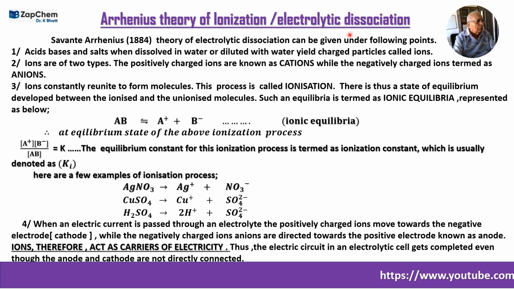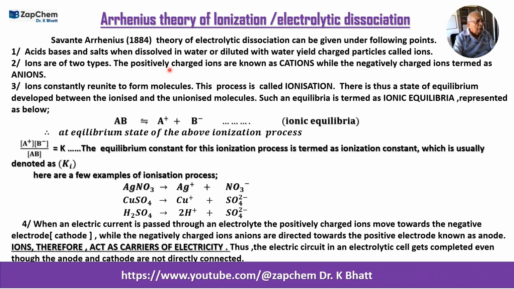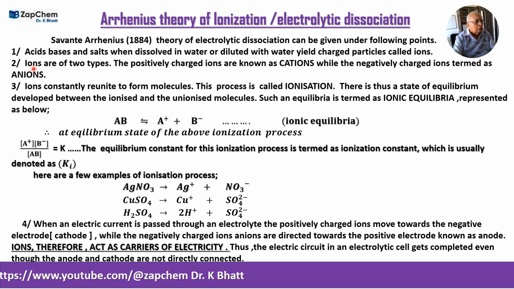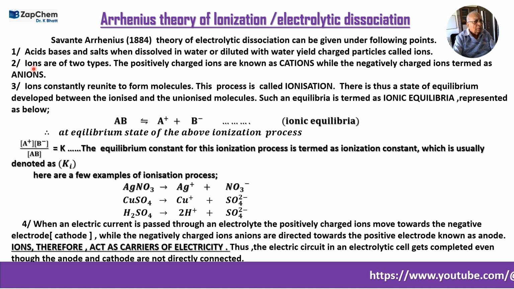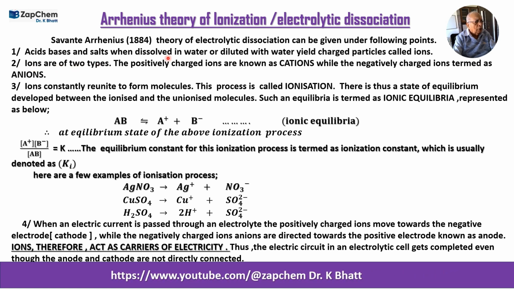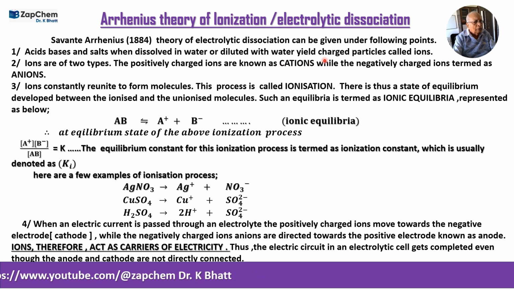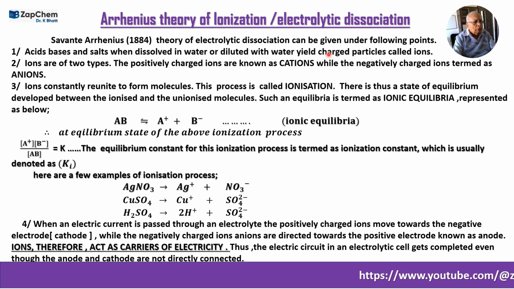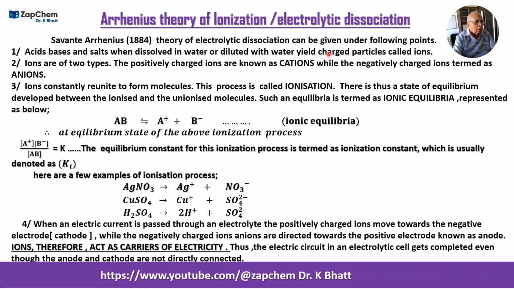It's all the same. Now, there are certain points which we need to learn about Arrhenius theory of electrolytic ionization. Point-wise, acids, bases and salts when dissolved in water or diluted yield charged particles called ions. Charged particles means those particles which carry charge over them.